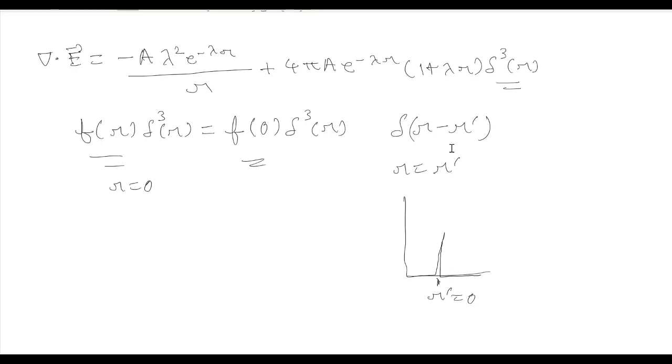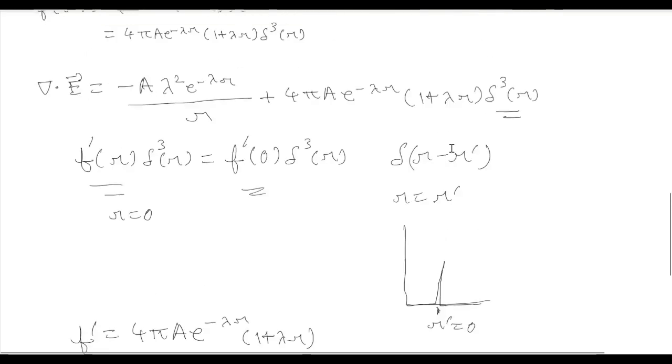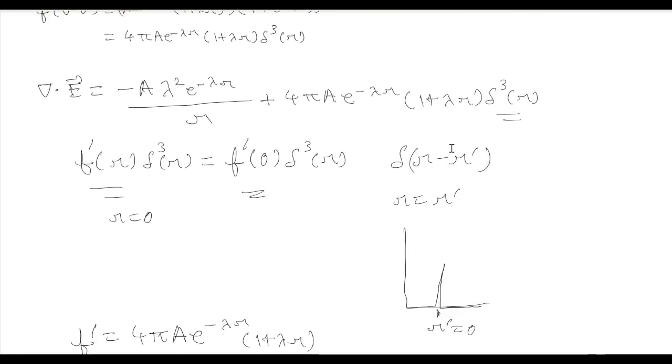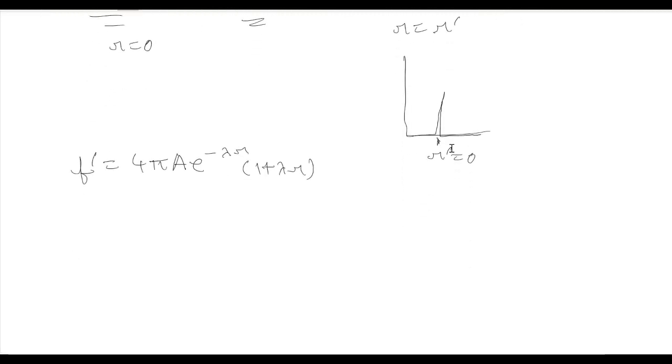Let's say this is some function f prime, just to not confuse you with the notation, because I have already used f before. Here f prime is equal to 4 pi a times e to the power minus lambda r times 1 plus lambda r, whatever is in front of the three-dimensional Dirac delta function.